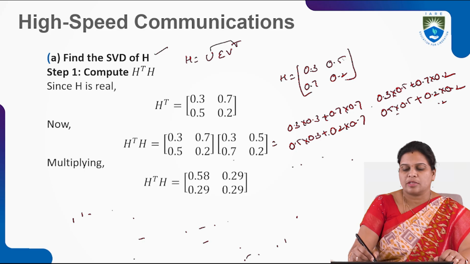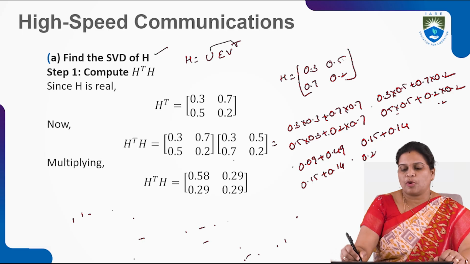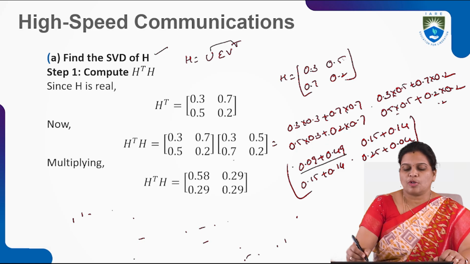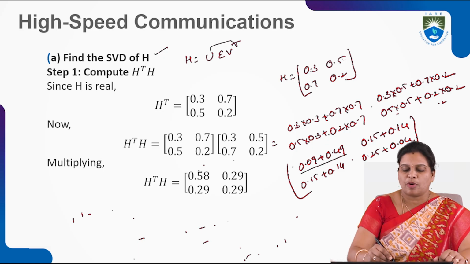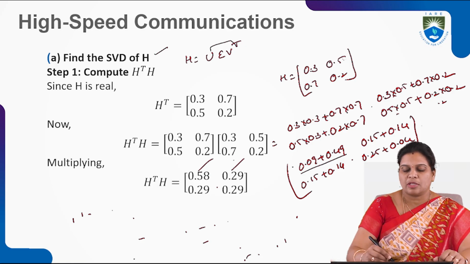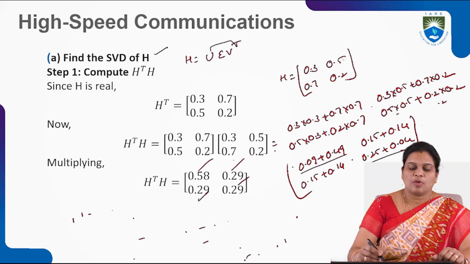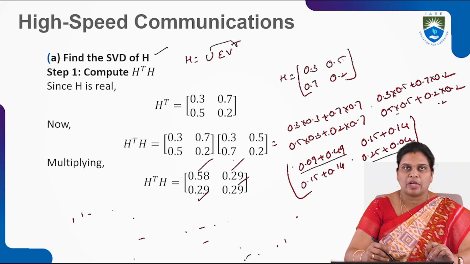Now we can calculate. 0.09 plus 0.49 is 0.58. Next, 0.15 plus 0.14 is 0.29, again 0.29, and 0.25 plus 0.04 is 0.29. So this is the product of H and the transpose of H.